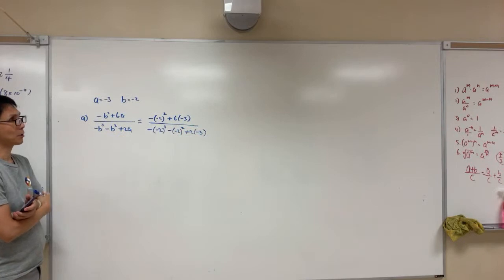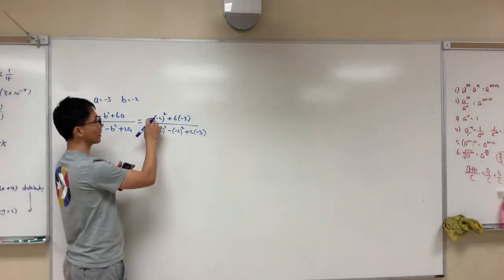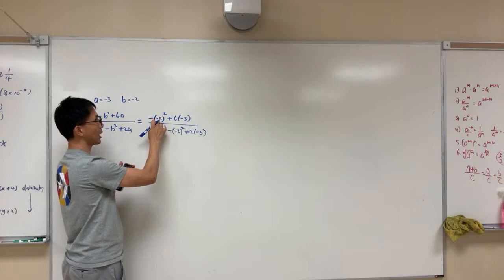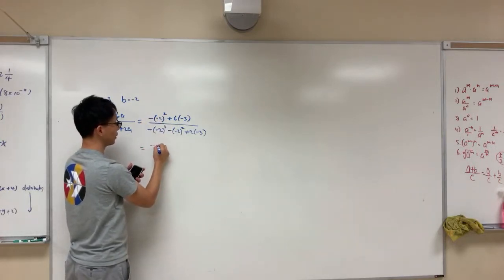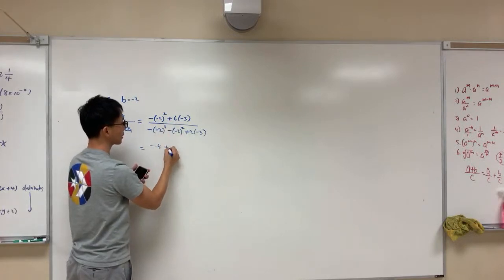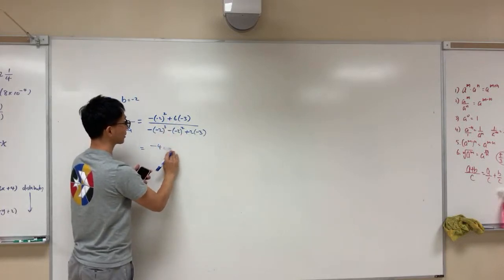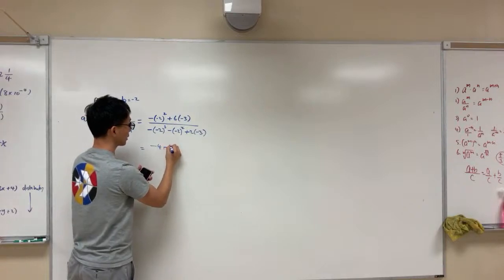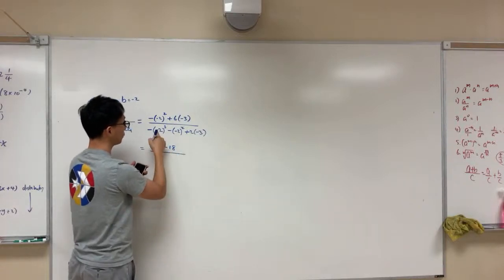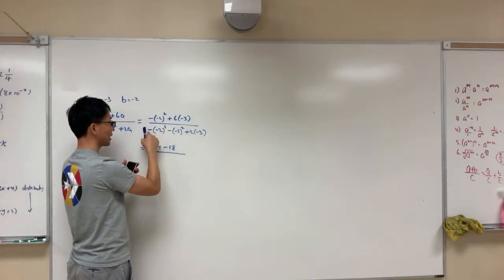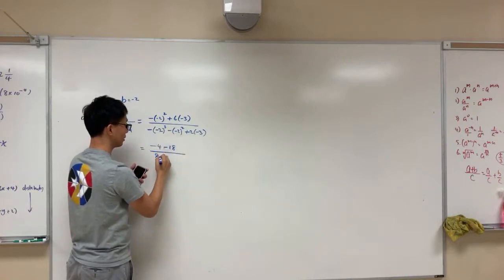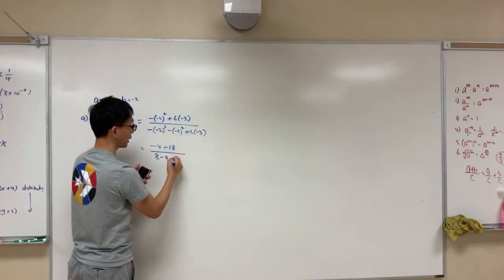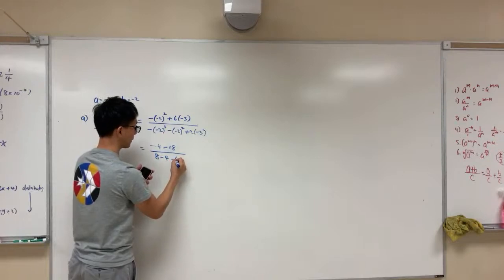Now I have to pay attention to PEMDAS. PEMDAS says negative 2 squared is going to happen first before I multiply the negative sign. So that's going to be 4, it'll be negative 4. This one's going to be subtracting, because negative 3 times 6 is negative 18. All over, this one's going to be negative 8 times negative, so it's 8, minus 4, and then minus 6.